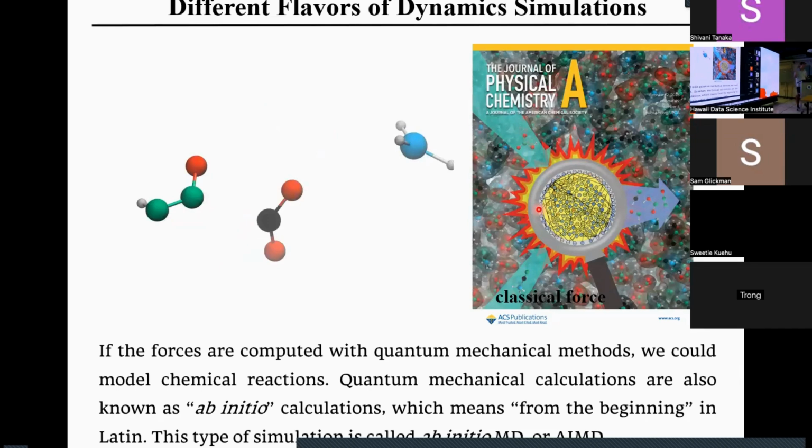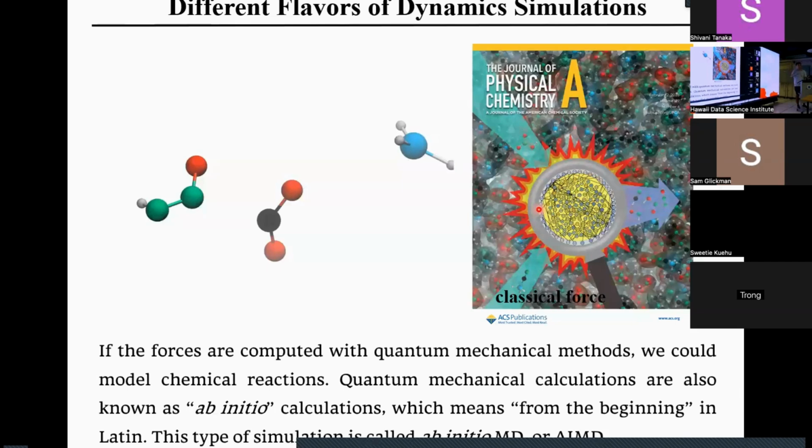This type of simulation needs quantum mechanical calculations like what I told you before, but that type of calculation is also known as ab initio calculations. That is a Latin term meaning from the beginning, or first principles. They named it this way because, as of the early 1900s, they believed fundamental quantum mechanics, the Schrodinger equation, is where you make the least amount of assumptions in solving.